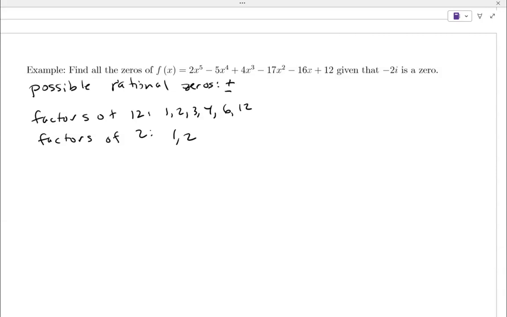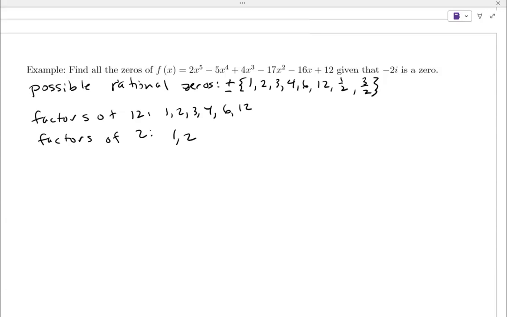So what are your possibilities? 1, 2, 3, 4, 6, 12. Okay. 1 half, 3 halves. That's it. Good. So remember, these are all your possible numerators. These are all your possible denominators.